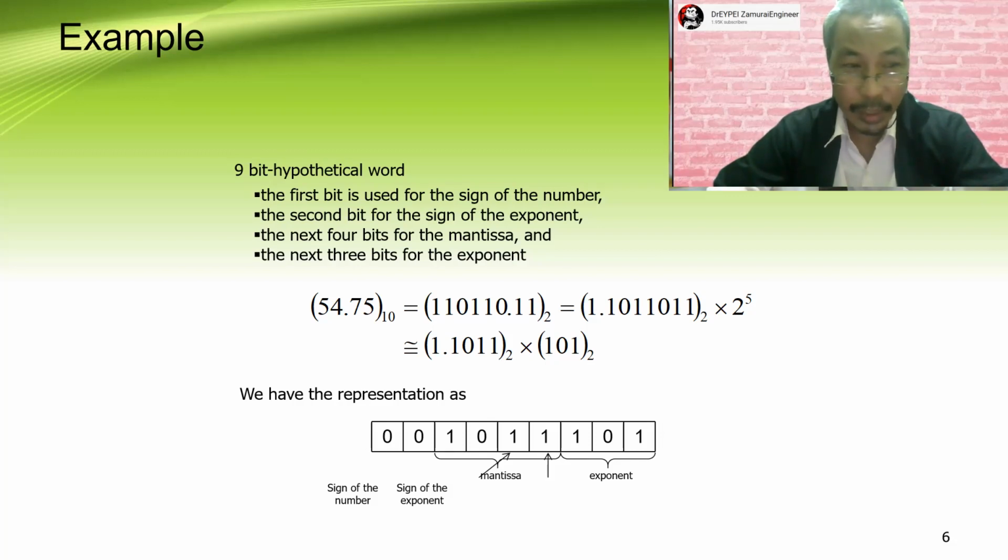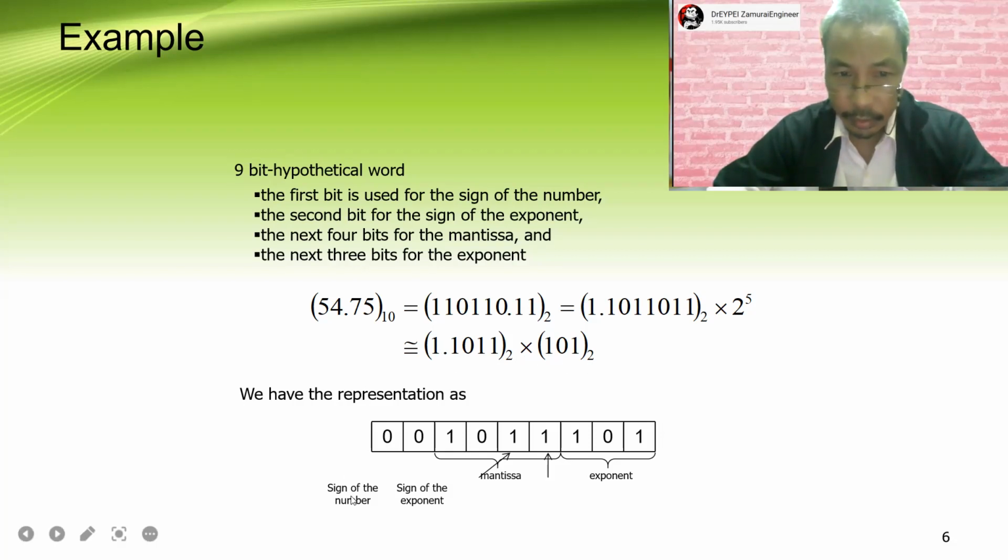The second bit is sign of the exponent. And the next 4 bits, mantissa. And the next 3 is the exponent. So it looks like this.